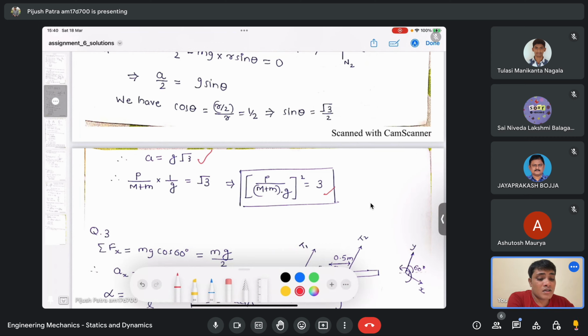That will act in the opposite direction to the direction of acceleration of the entire system, and then you apply Newton's second law, both in terms of force and moment. Are you okay with this?